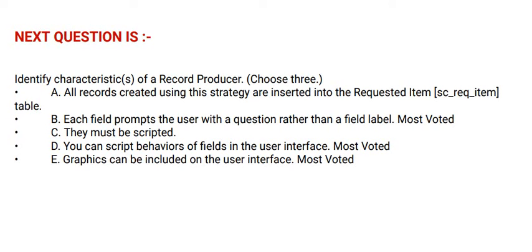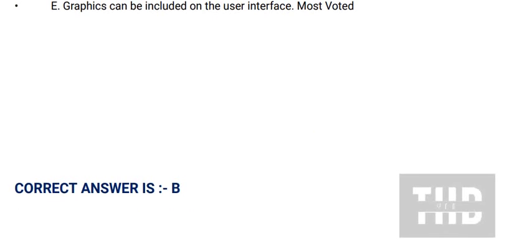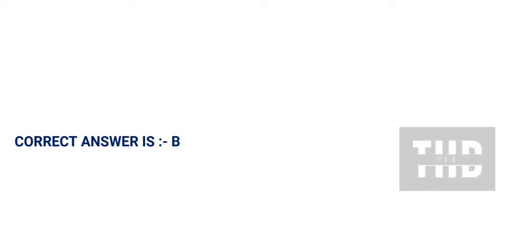Option C, you can script behaviors of fields in the user interface. And option D, graphs can be included on the user interface. And the correct answer is option B.